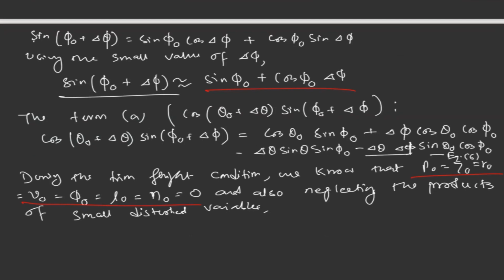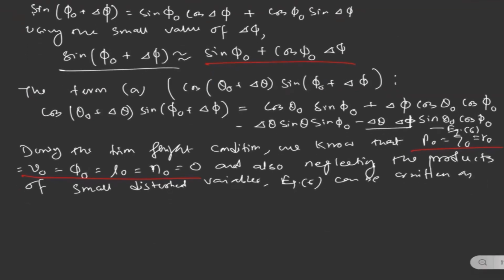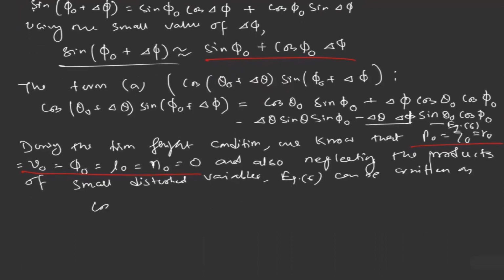Equation 6 can be written as cos theta naught plus delta theta times sin phi naught plus delta phi equivalent to delta phi cos theta naught.